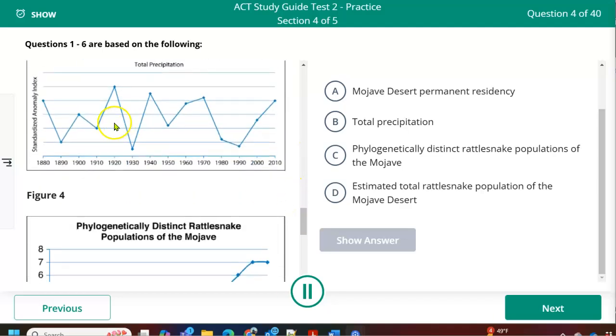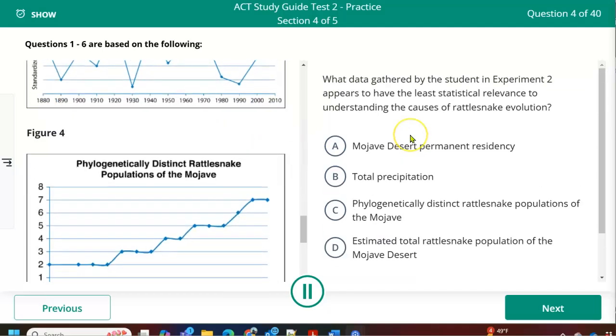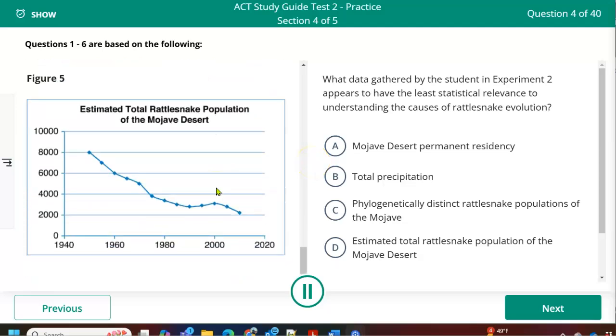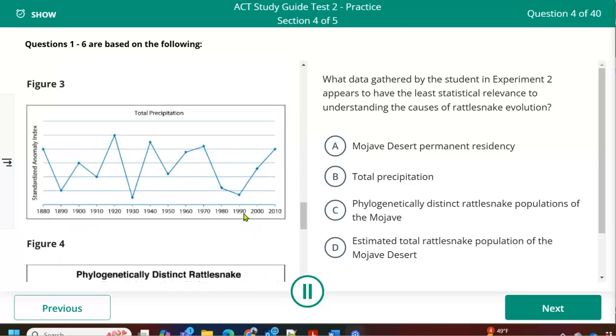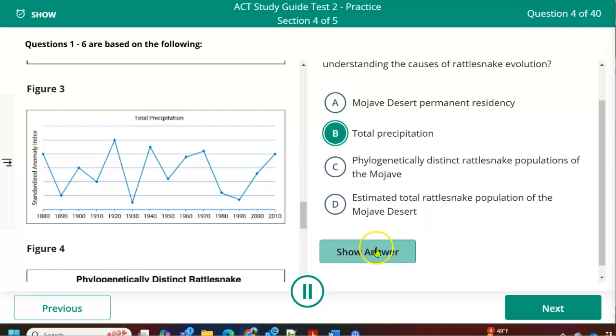Total precipitation. This is going to be the right answer because there's no trend there at all. Phylogenetically distinct rattlesnake populations. I mean, that's what rattlesnake evolution is. And estimated total rattlesnake population. Well, it's inversely correlated, but it's correlated. So it's going to be total precipitation because it's all over the place.